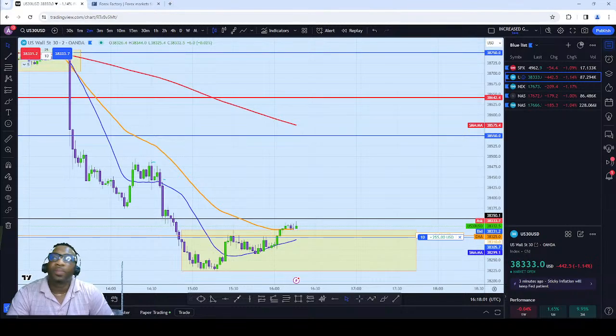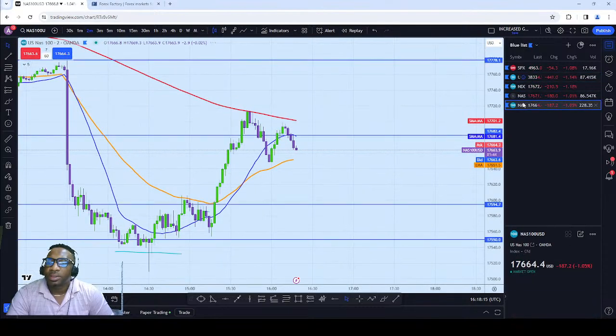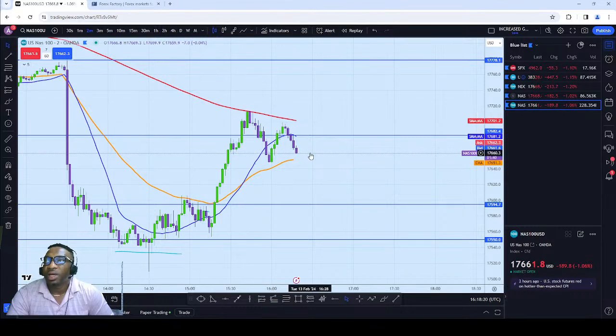NAS is kind of pulling back. Yeah, so NAS has pulled all the way back, so it's taking me out already. But nevertheless, it was all in profit.